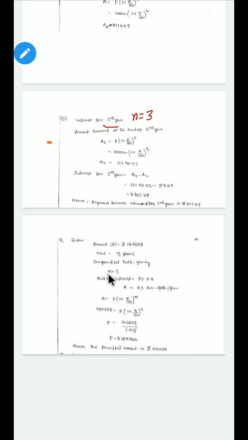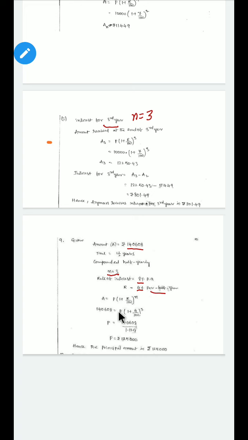In this question n is 3, the amount is this much, and the rate of interest is this. If the rate of interest is 8% per annum, then the rate of interest is 4% half yearly. Now put the values.